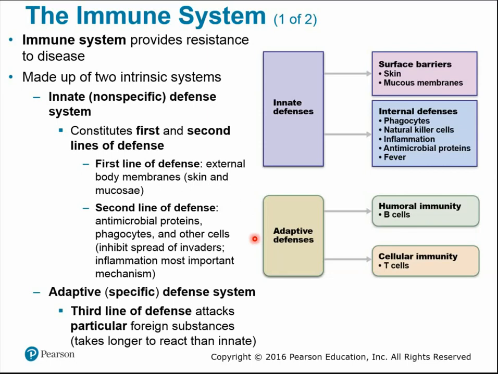It attacks particular foreign substances, so it takes a little bit longer to react than the innate system. The adaptive system includes your humoral immunity, or antibody immunity, which is governed by the B cells, and cellular immunity, which is governed by the T cells.